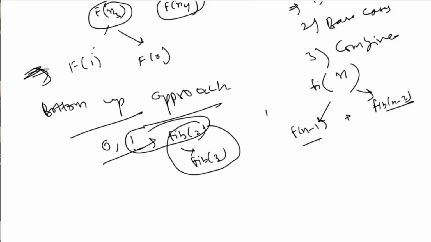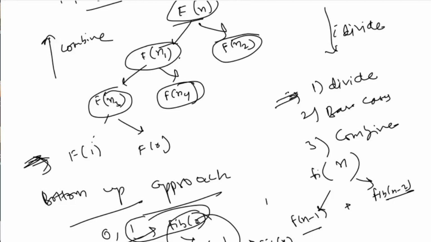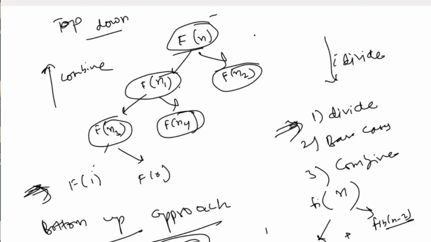We use these two to build fib of 4, and in the similar fashion. So the bottom up approach has an advantage that you are avoiding this division step, so the constant factor in your time complexity expression will be less. But in my opinion, it is hard to think of the bottom up approach, because anyway you have to find the recursive relation. So it's just the implementation.